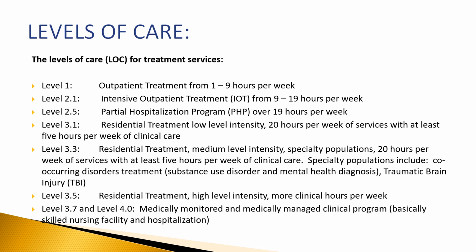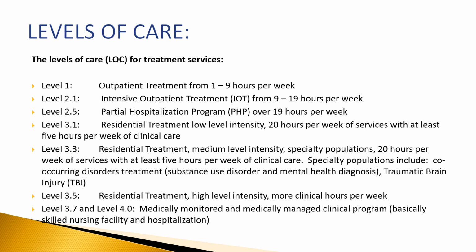Level 3.1, again, 3 is residential. So we're talking about residential treatment, low level intensity, 20 hours per week of services with at least 5 hours per week of clinical care. Level 3.3 is residential treatment, but it includes specialty populations such as co-occurring disorders, substance use disorder and mental health diagnosis, or perhaps traumatic brain injury, TBI, services.